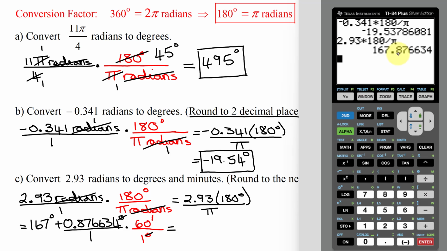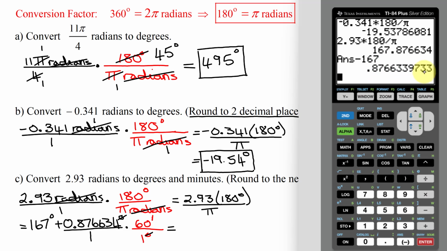Now to get this accurate decimal part of a degree on the calculator, I just need to subtract the whole number part. And notice when I hit subtract, the calculator says you need to subtract it from something, and unless you tell me what it is, I put in the previous answer. So I wanted the answer minus 167.